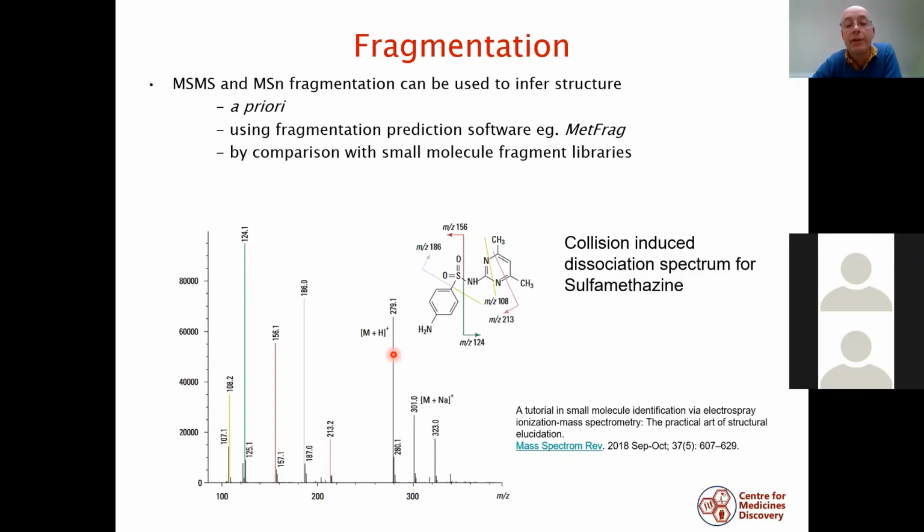You can do this a priori if you're a skilled chemist. You can also use fragmentation prediction software. There are software packages out there which you can use, or you can take your fragment spectrum, which has been fragmented under standard conditions, and there are small molecule fragmentation libraries which you can try and match your spectrum to.